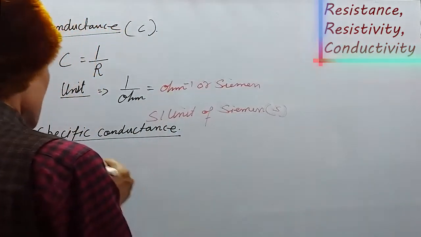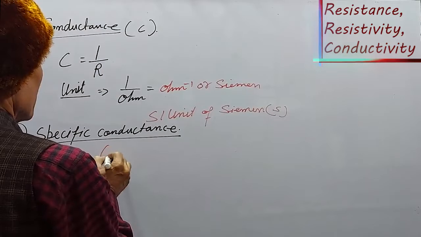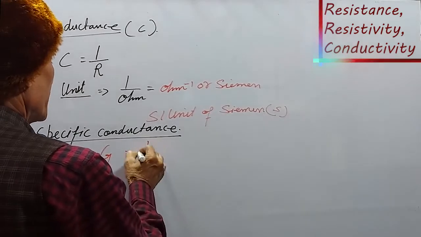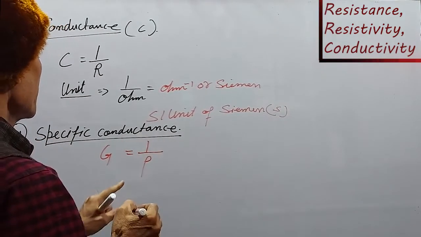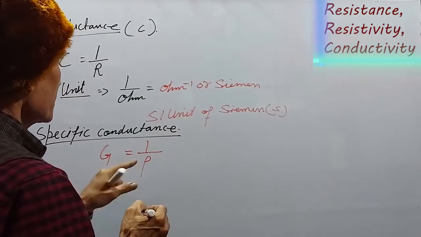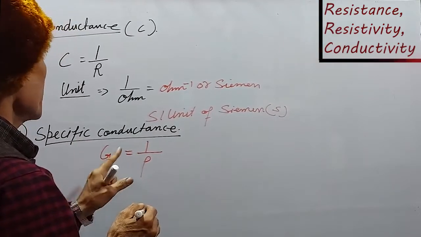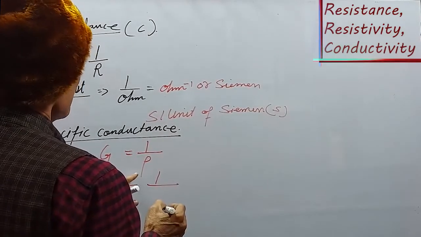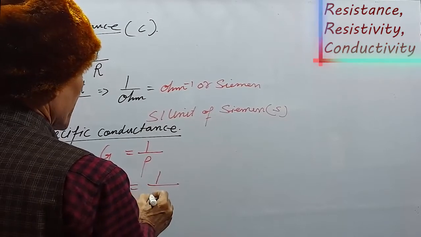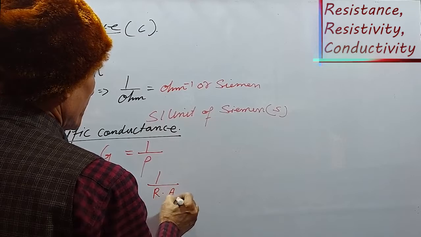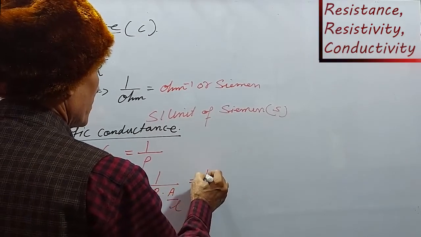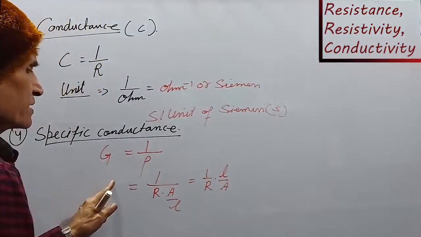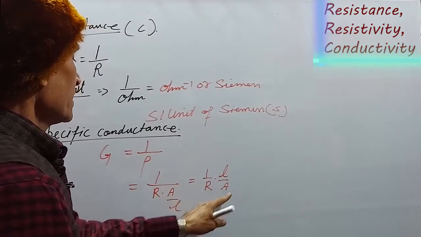Let us see. Specific conductance or conductivity is represented by G equal to 1 by specific resistance or resistivity. We can write this because this specific resistance is R into A by L. We can write this as 1 by R into L by A. This is the specific conductance or conductivity.